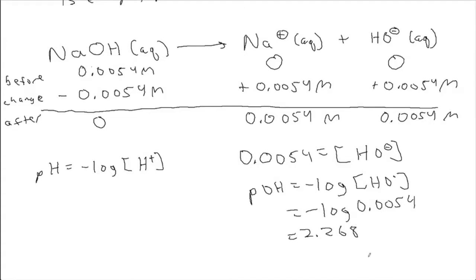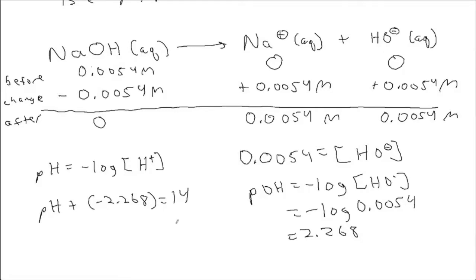Okay. So now what? You would have pH plus negative 2.268 is equal to 14. Like this?